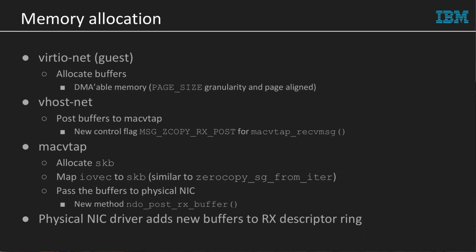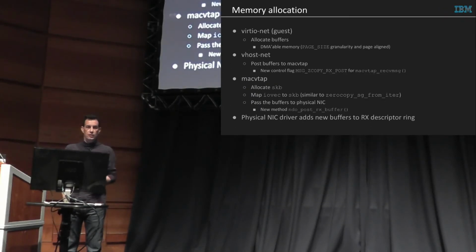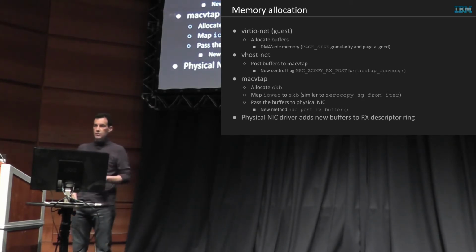Whenever the guest allocates memory for virtio-net, vhost is notified, and in turn it notifies Mac VTAP, and Mac VTAP allocates an SKB for the newly allocated memory and fills the SKB with appropriate pointers to the fragment.